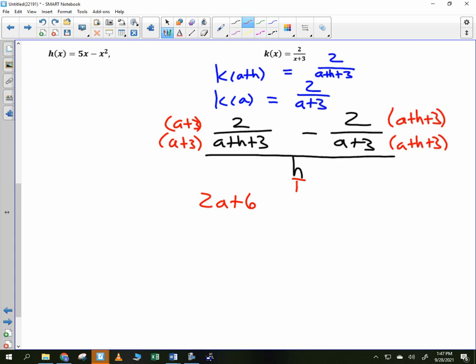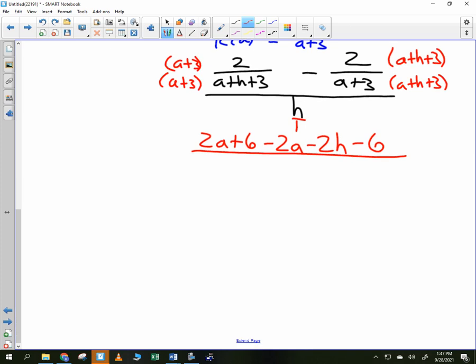Positive 2 or negative 2? Minus 2h, minus 6, over a plus 3 times a plus h plus 3, over h over 1.